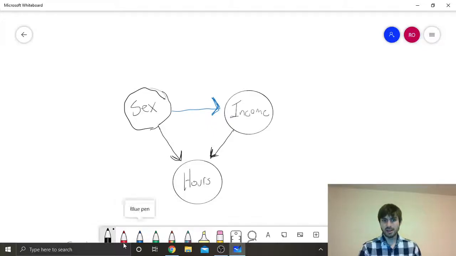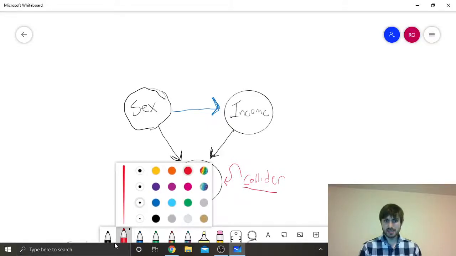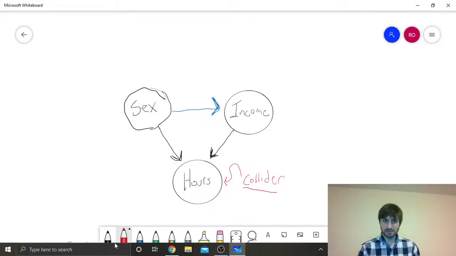And now we have a special word for this variable here. We call it a collider. The reason we use that terminology is because you can think of two causal effects colliding at this variable.